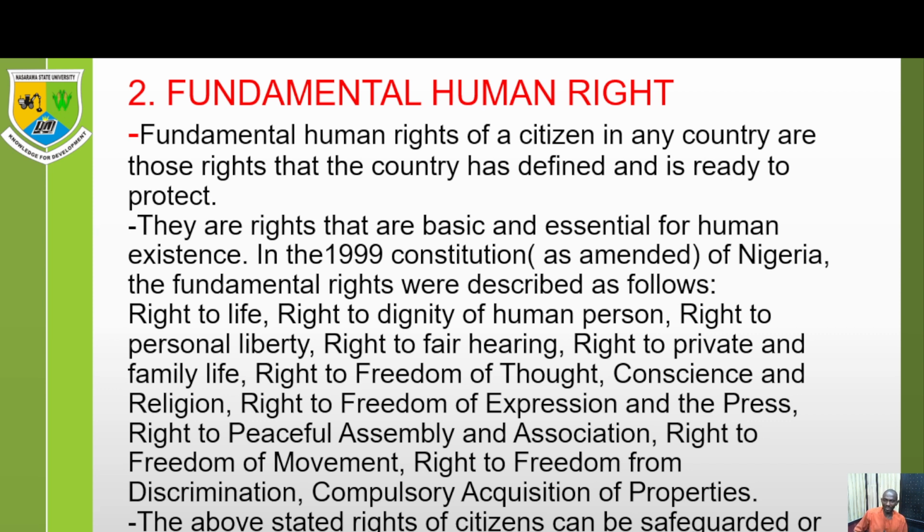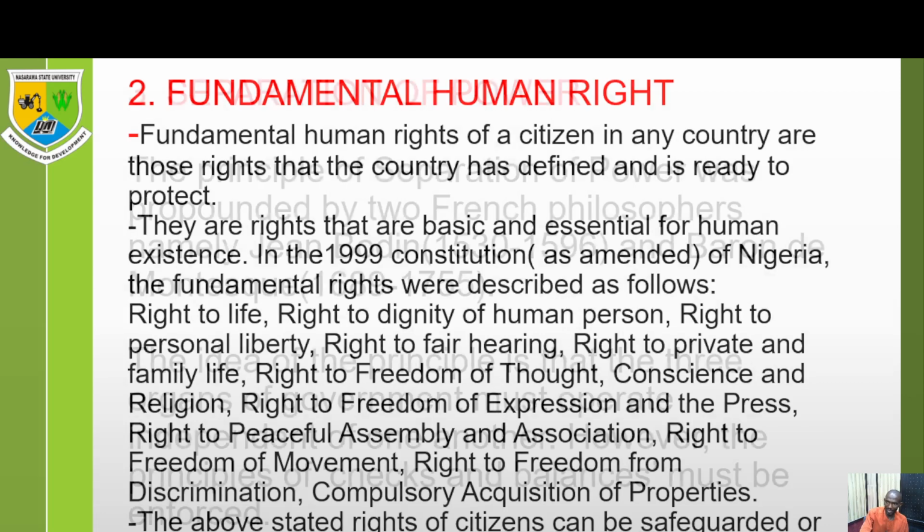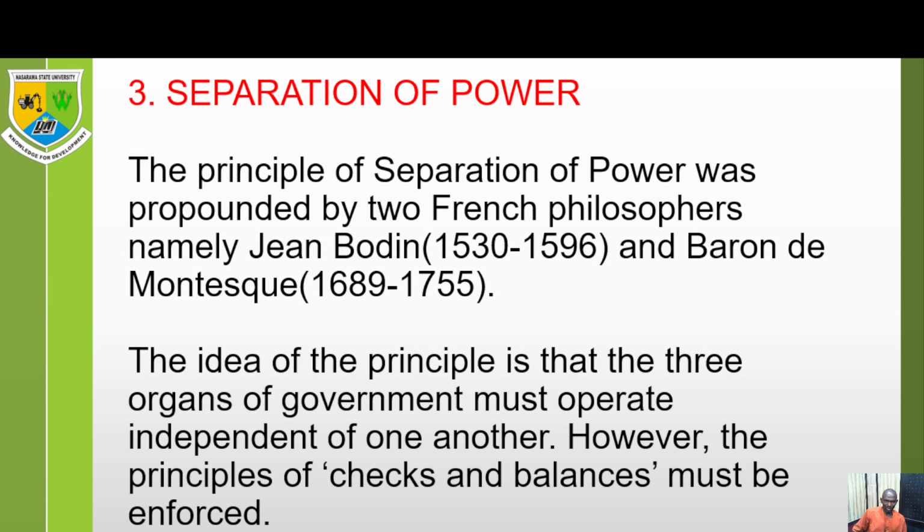The above stated rights of citizens can be safeguarded and restricted in the aspects of our constitution.